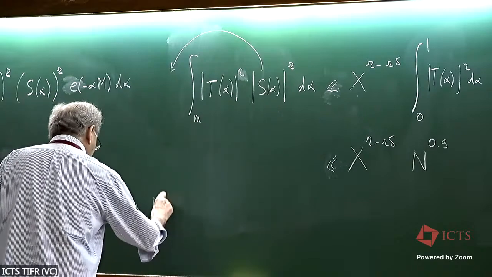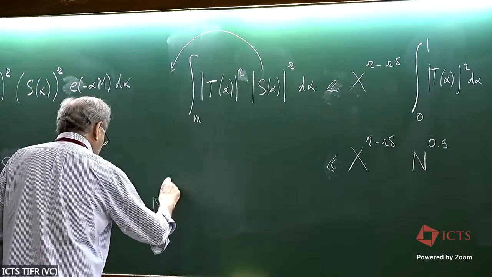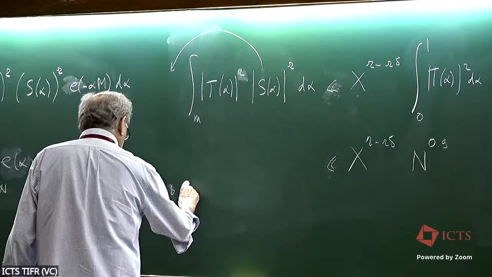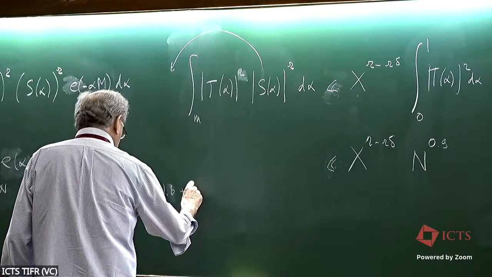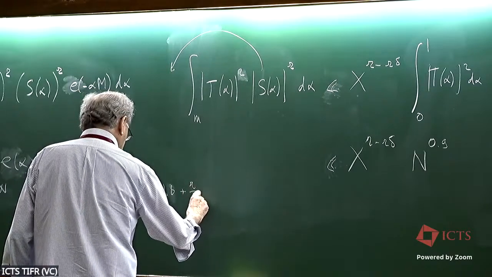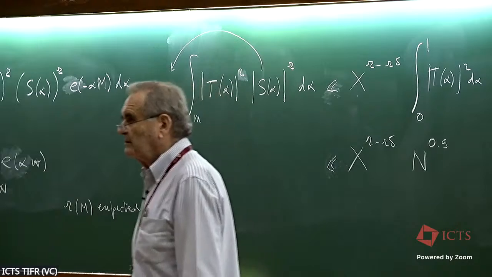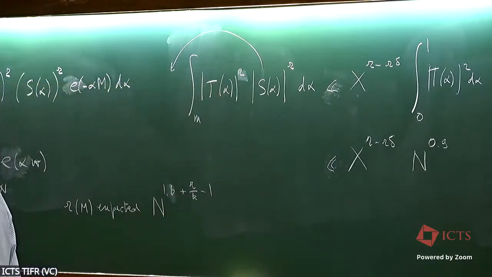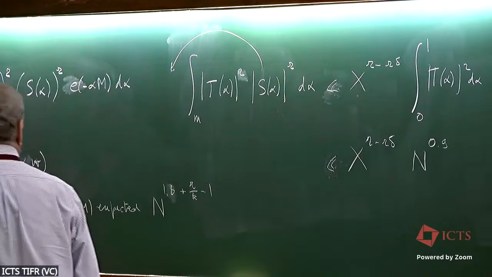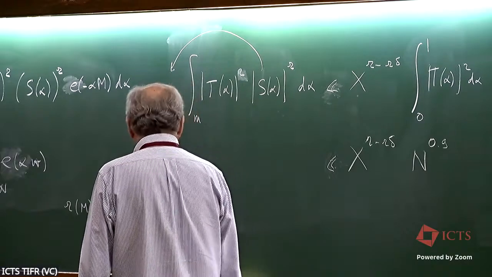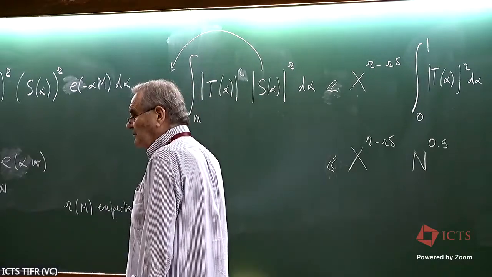Well, you have n to 1.8 and then you have something which is plus R over K minus 1. Sorry? On the major arc, I get 0.9, which is a bit larger than 0.8, but not much.